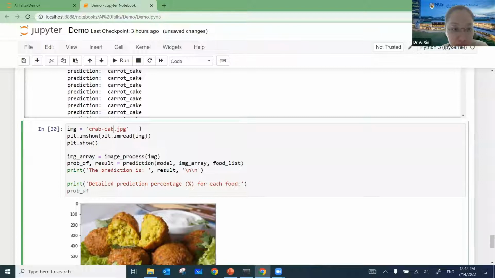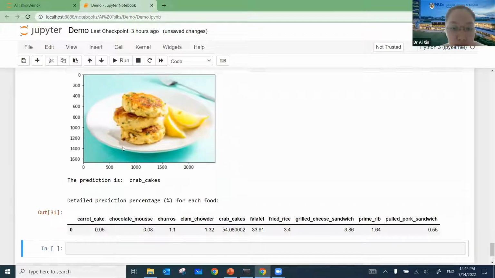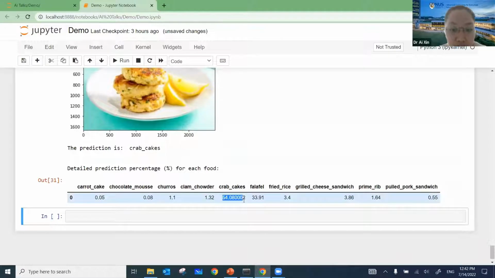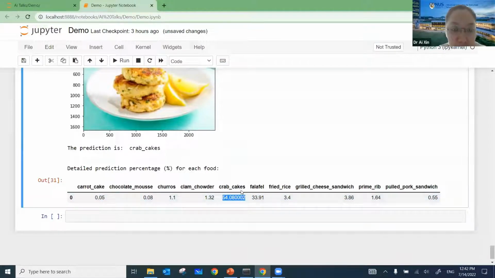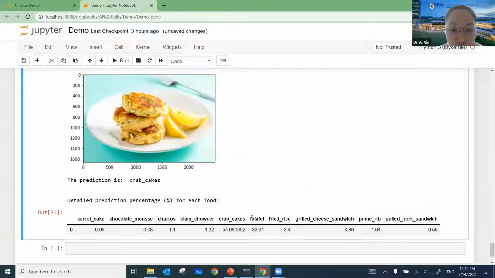It eventually still identifies it as a crab cake, at 54%, but it is a bit confused between crab cake and falafel. You can see 33% it thinks it may be a falafel, because these two are actually quite similar.